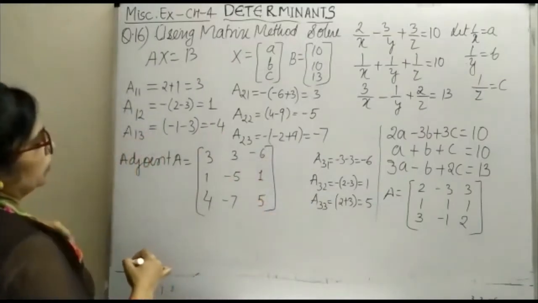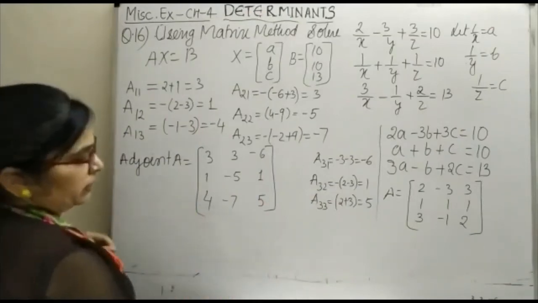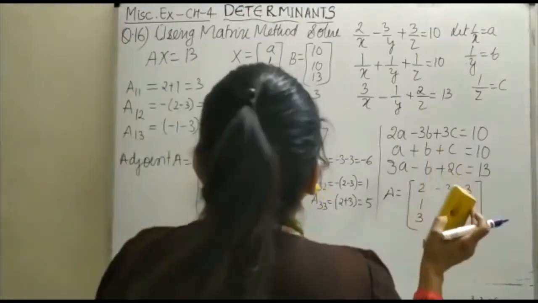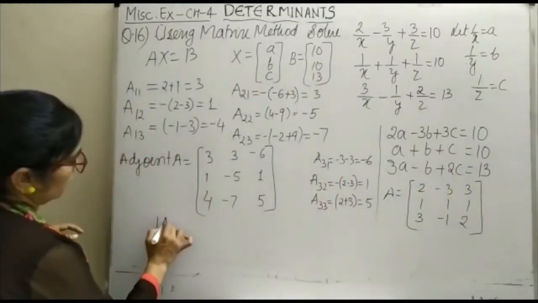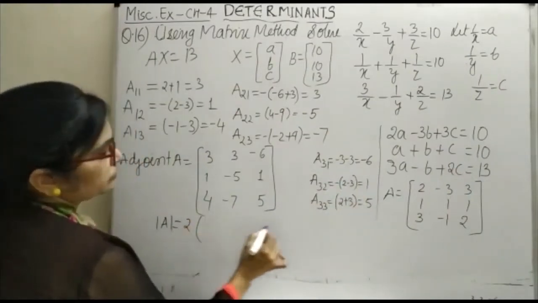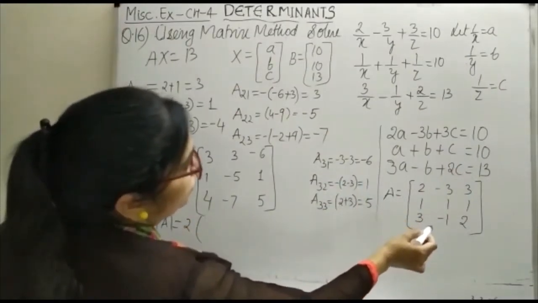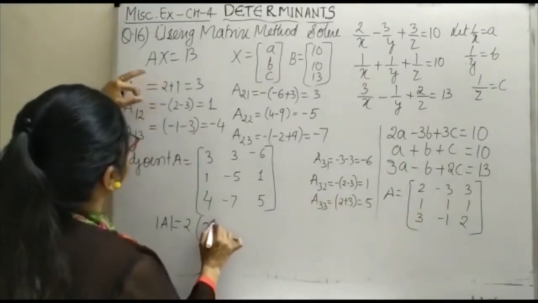Now to find the inverse of A, we have to divide by the determinant of A. Let us find the determinant of A. Expanding it: 2 into (1 into 2 plus 1), so 2 into 3.